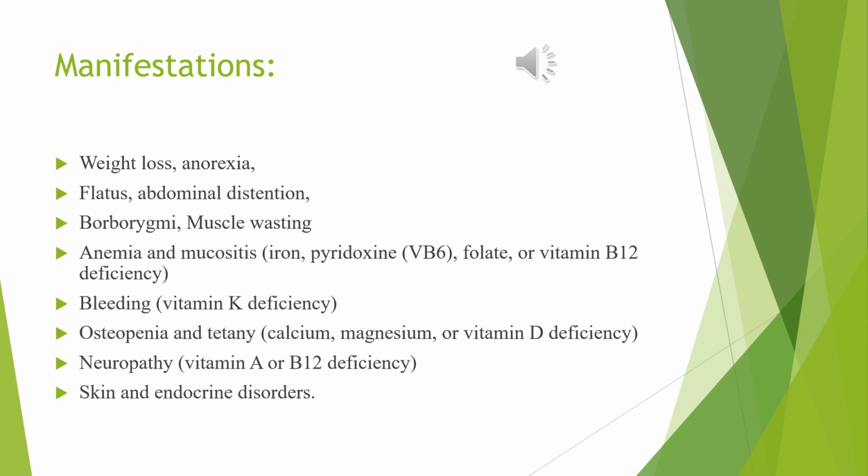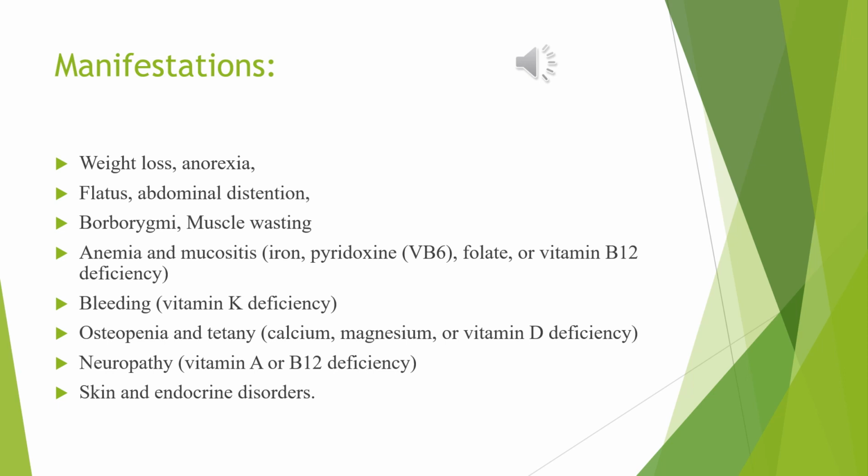Another manifestation is the anemia and mucositis, and the anemia can be caused by iron deficiency or vitamin B12 deficiency or folate deficiency. Mucositis, which is inflammation of the mucous membranes at the angle of the mouth, can also be caused by iron deficiency, folate deficiency, and vitamin B6 or pyridoxine deficiency.